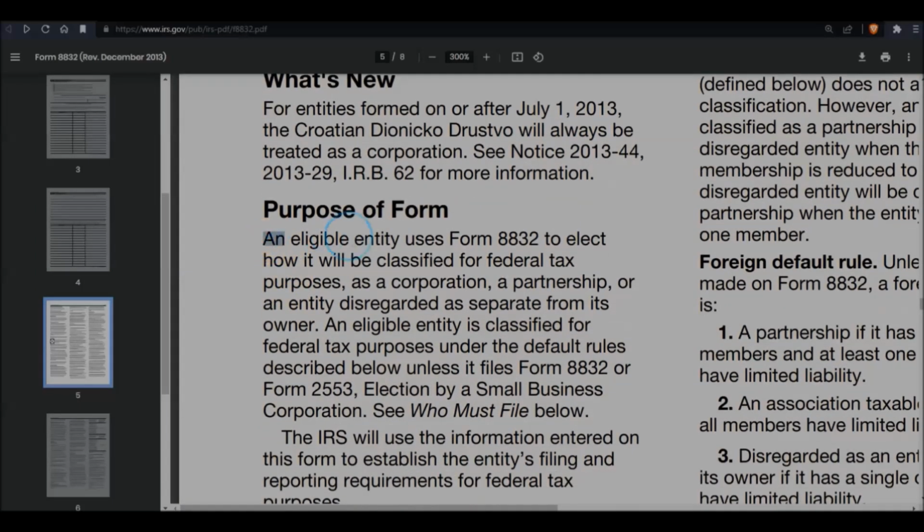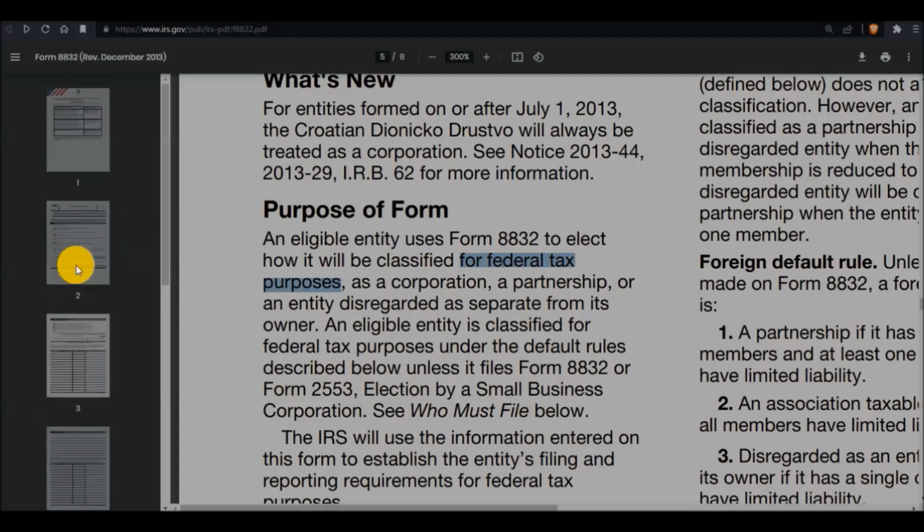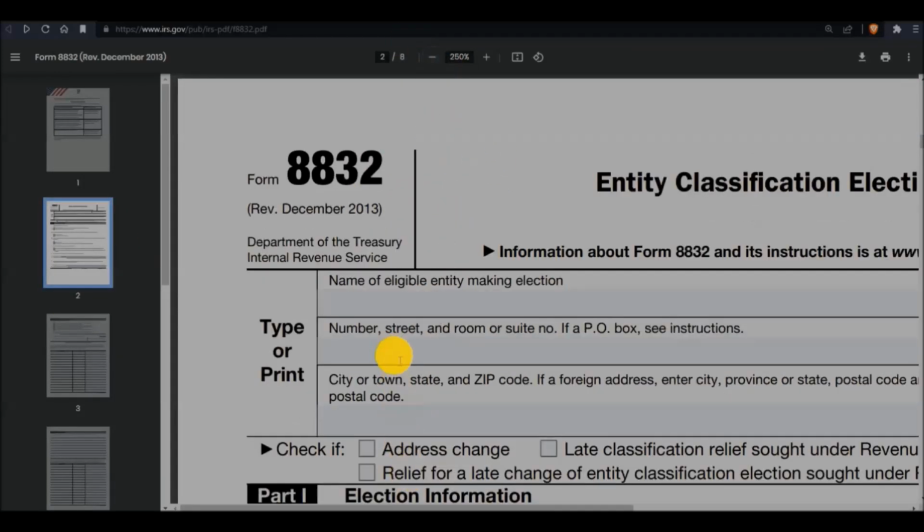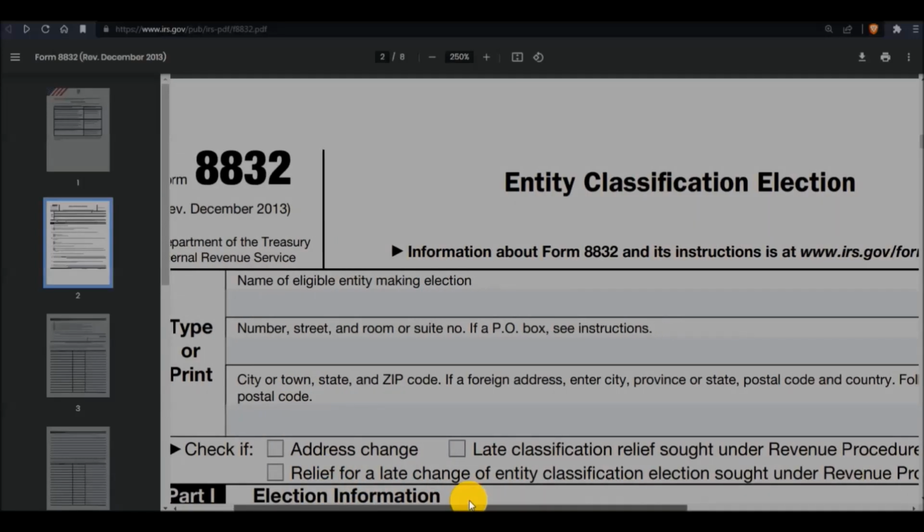An eligible entity uses Form 8832 to elect how it will be classified for federal tax purposes. In other words, whatever you put here, this first line, is the entity that's elected.